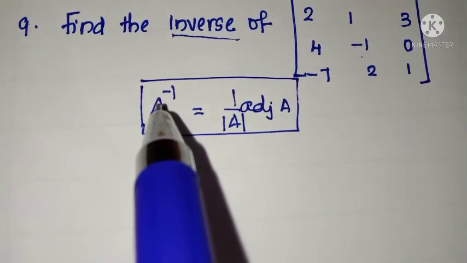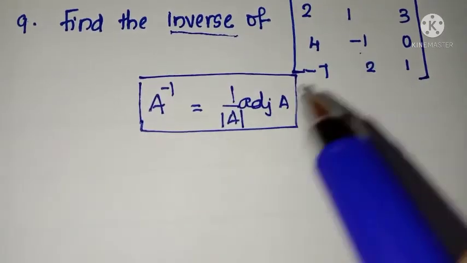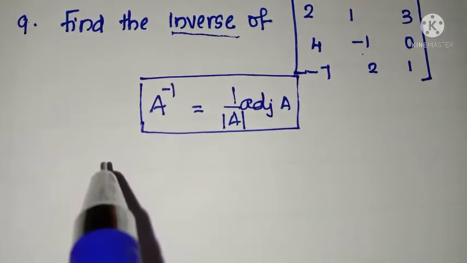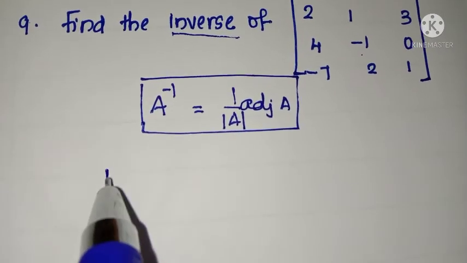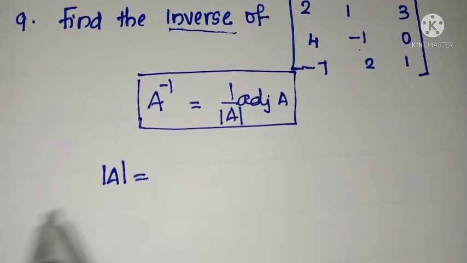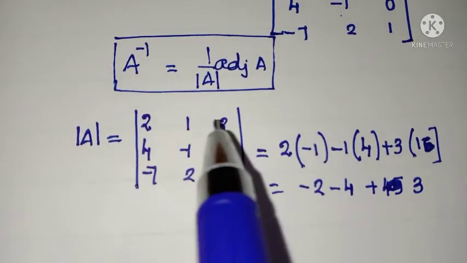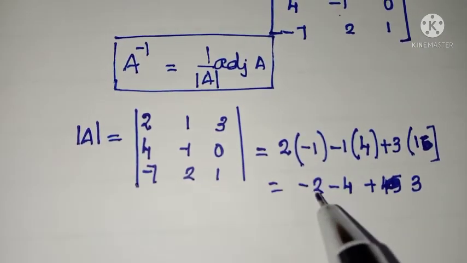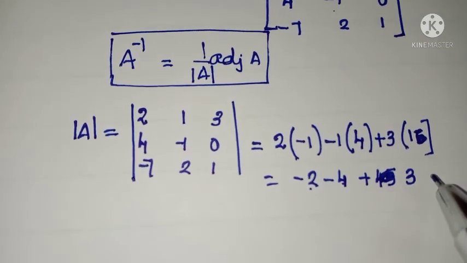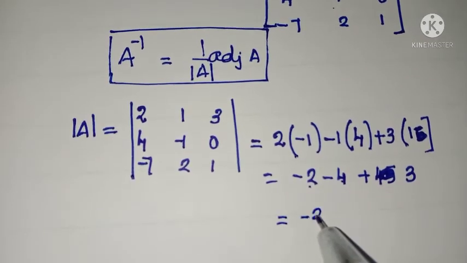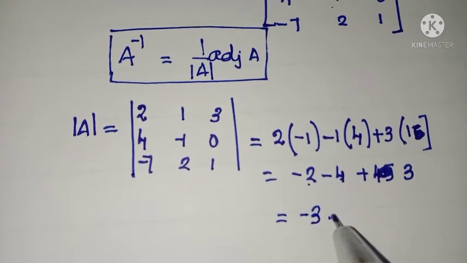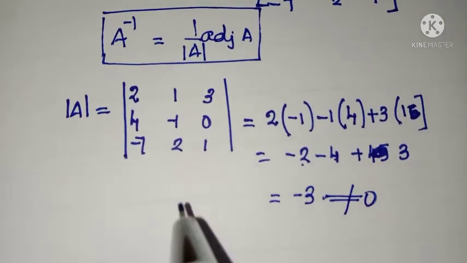Now listen, first we want to see whether the inverse of the given matrix exists or not. To check, we have to find determinant of A. Now determinant of A, expanding along first row, we get minus 2 minus 4 plus 3 gives minus 3. Minus 3 is not equal to 0.